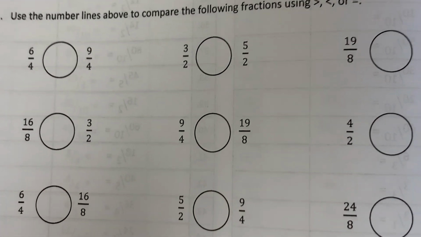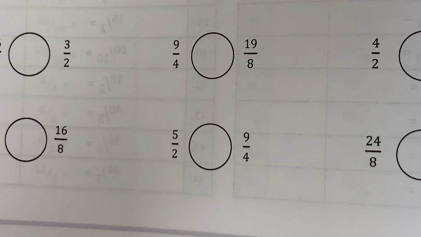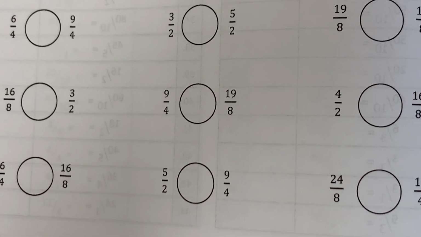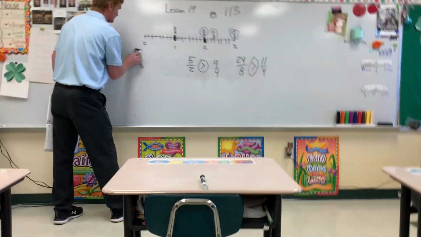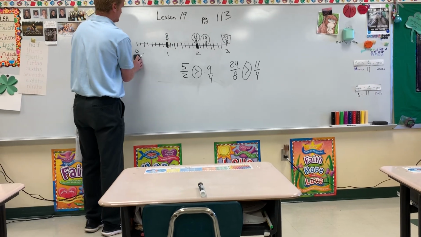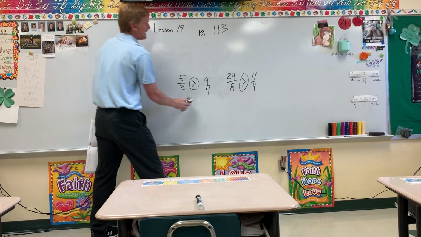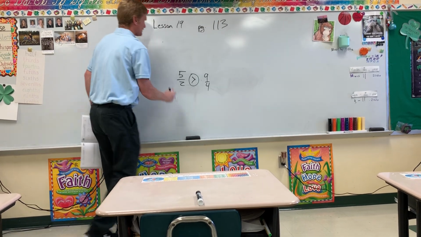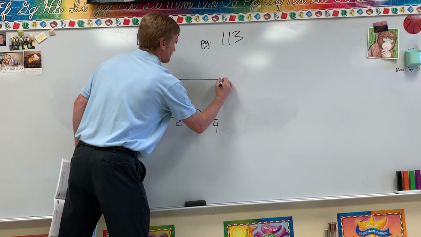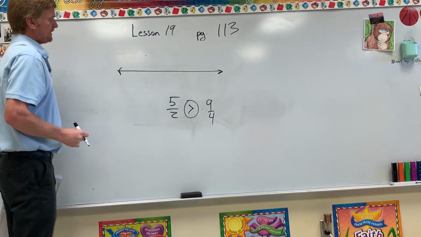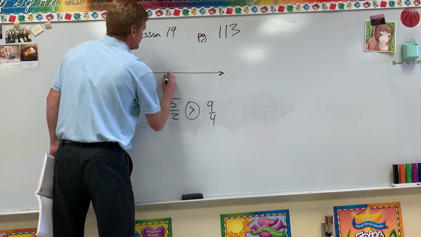So like 5 halves was greater than 9/4. You're going to pick that one. Then you're going to go ahead and make a number line proving that 5 halves is greater than 9/4. You can do 2 number lines if you need to, but you could do it on the same.